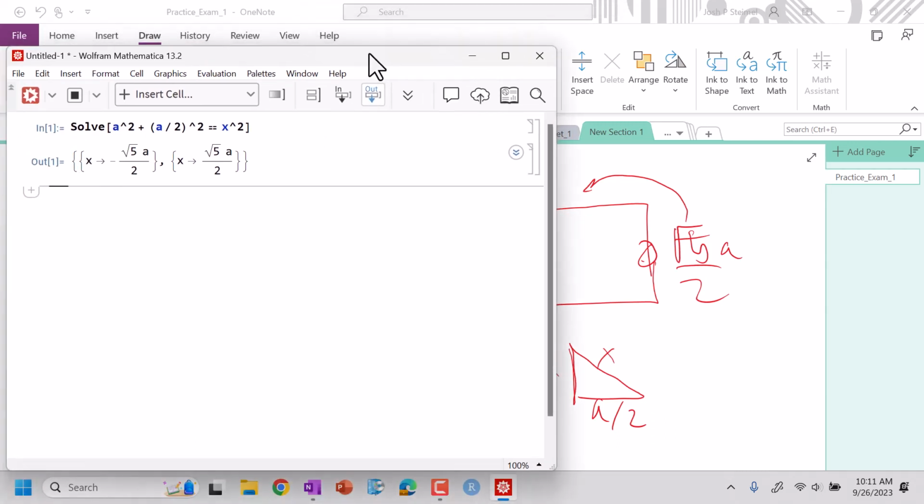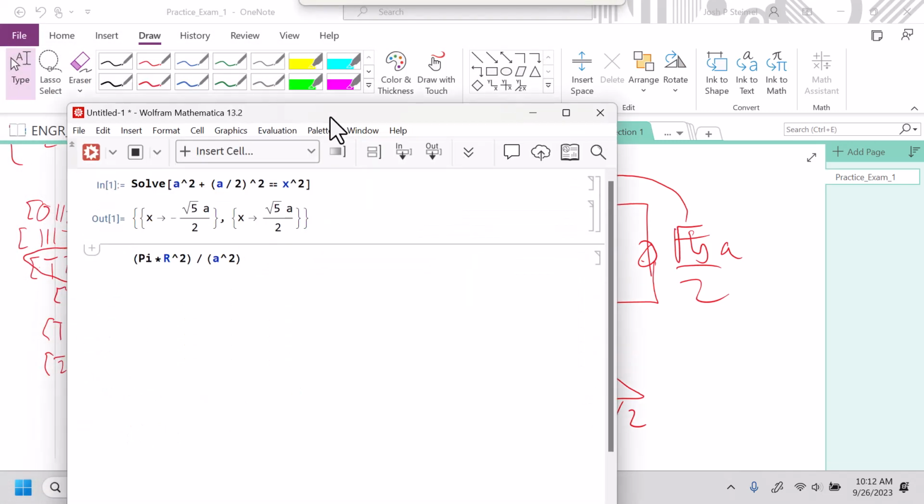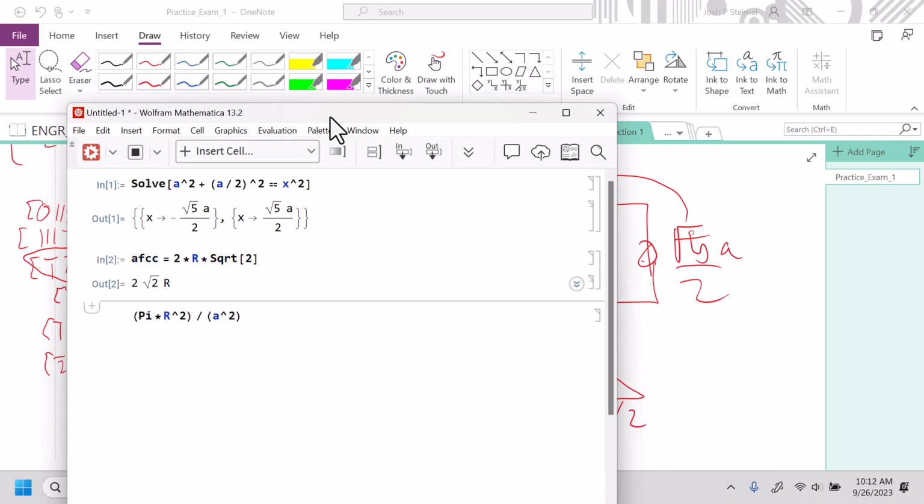So I'm going to have pi times r squared, divided by a squared, where my a, and this is the a in terms of FCC, a of FCC is equal to 2 times r times square root of 2.